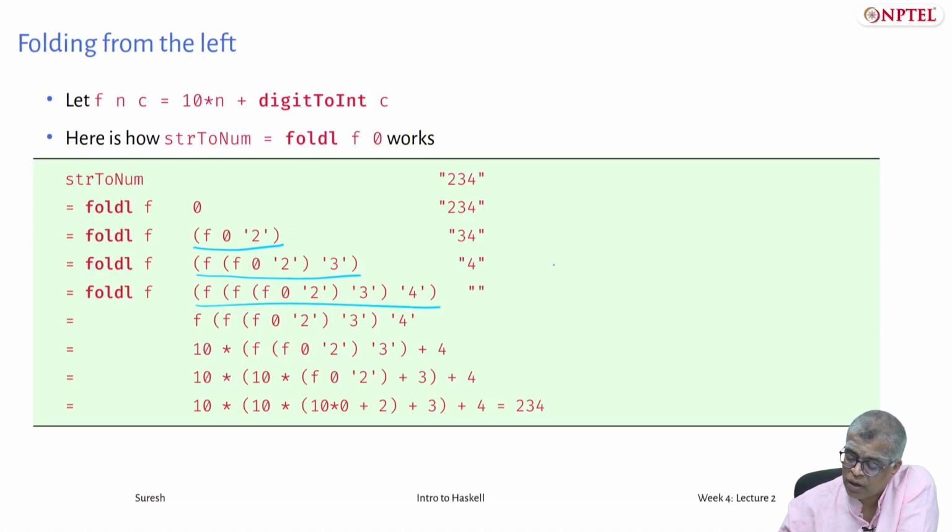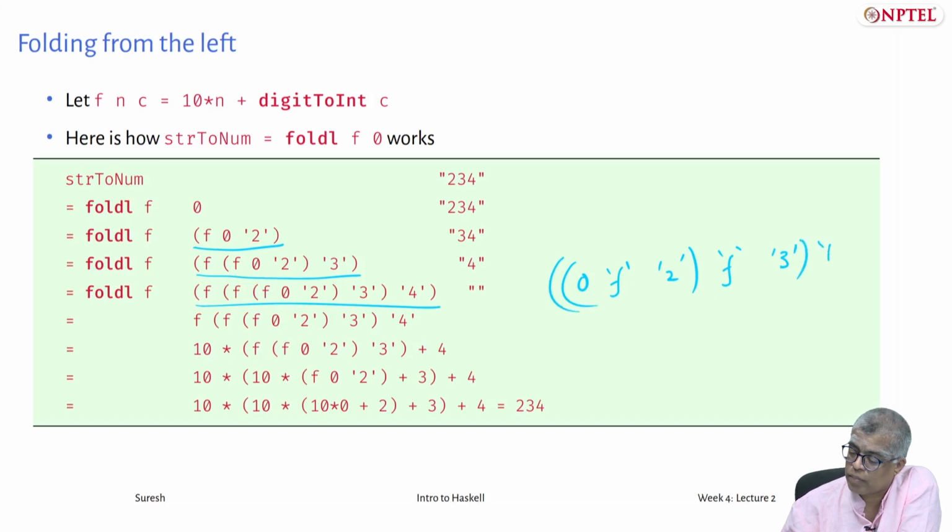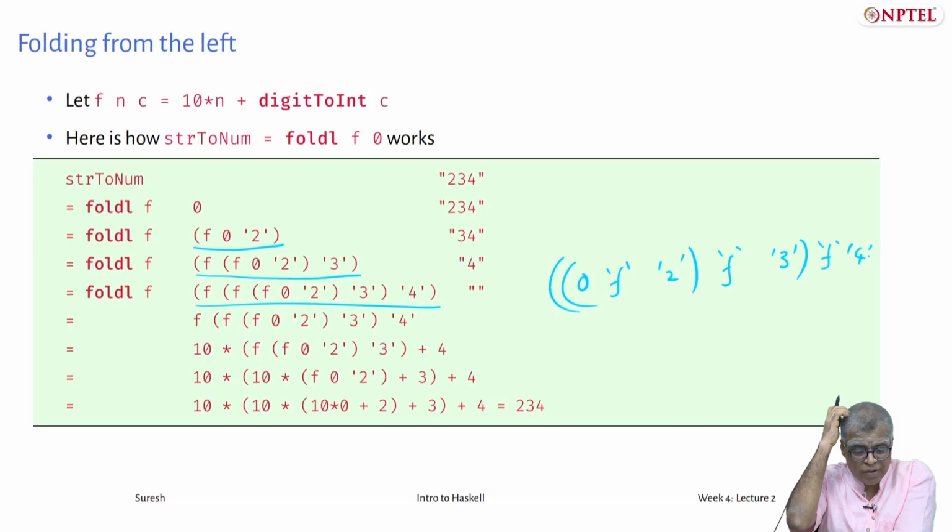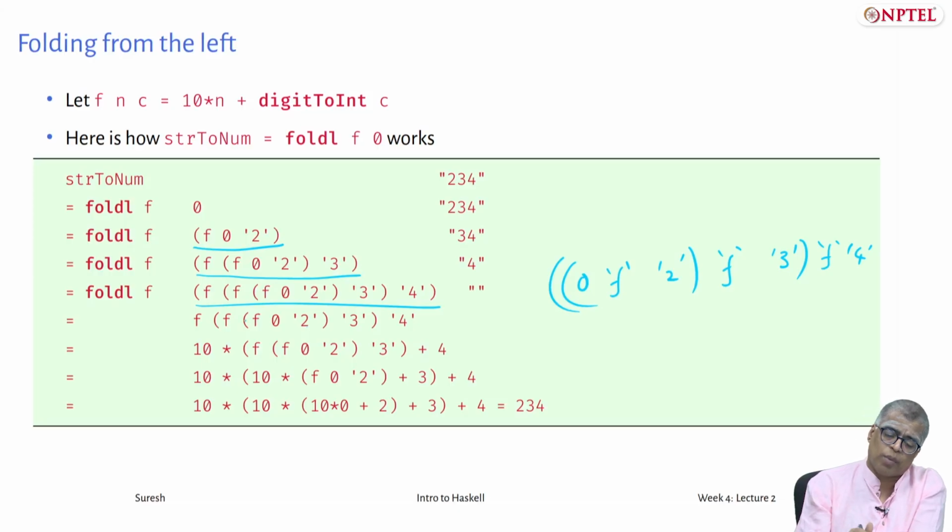which if you use f in infix mode will be 0 f 2 f 3 f 4. But it depends on what way you want to expand the thing. Haskell will do it from outermost in.